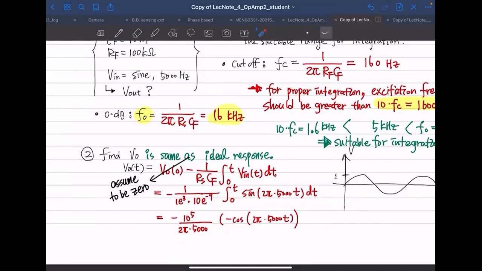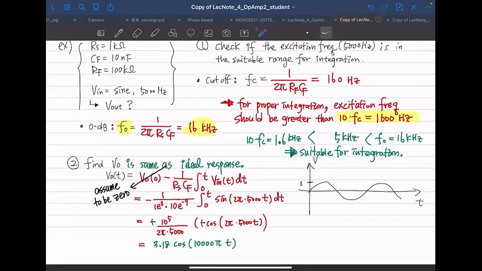So after we do the math, this has become positive and things go away. And that is going to be 3.18 cosine 10,000 pi times t. Okay, so we had an input that was sine 10,000 pi t, and that has changed to a cosine with the amplitude 3.18.